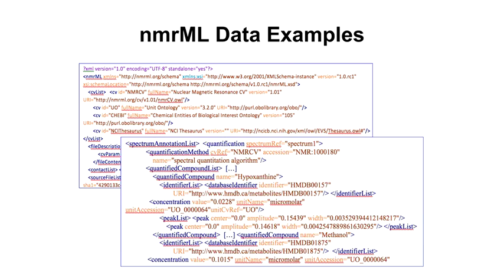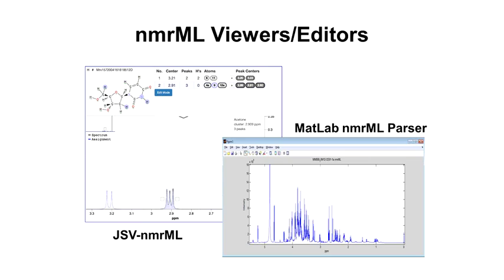So NMR-ML looks complicated. It's not for people to write by hand. There are tools that allow you to take your spectra and simply save as NMR-ML, or convert Bruker or Agilent data to NMR-ML. You can also take these data files, which include headers and detailed information about how you collected it, along with the binary that has the FID, and view things.